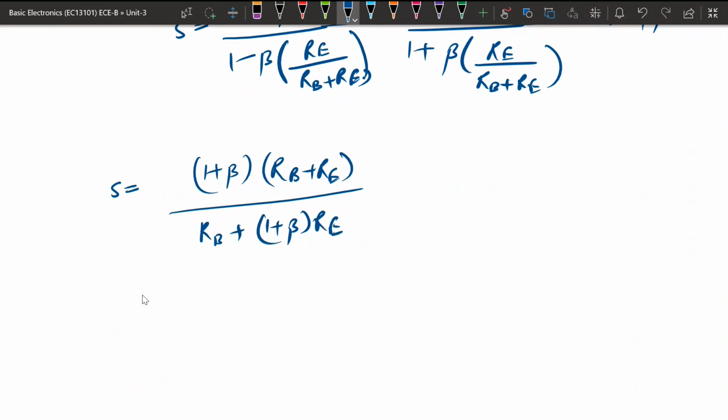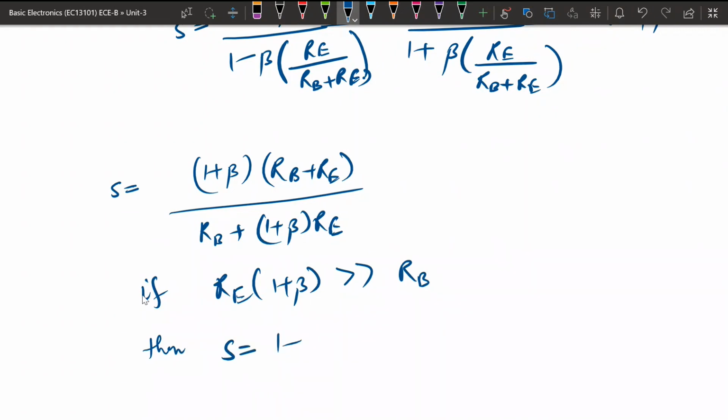Okay, so here suppose if Re times 1 plus beta is very much greater than Rb, if this is the case, then the stability factor will be depending on 1 plus Rb by Re.